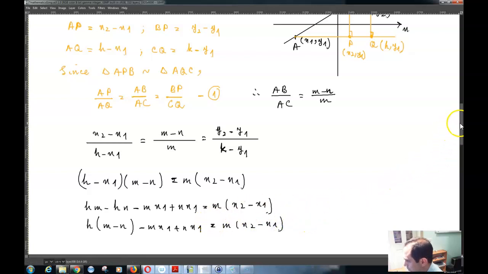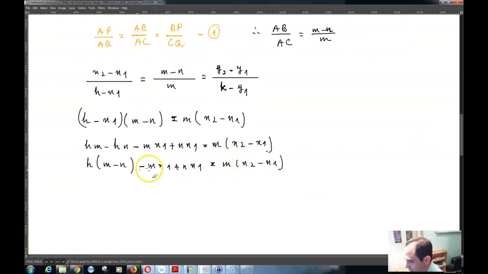Then I can take an x1 out, negative x1 times, for example, (m plus n), and write it as m times (x2 minus x1).